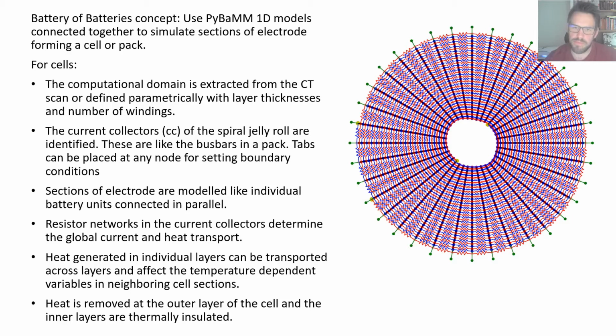So in the paper that goes into more detail, we looked at the effect of having one tab on each electrode or 5 tabs, and then in a study I'll come on to a little bit later on, we actually looked at the new Tesla kind of infinity tabs, where you more or less have a tab at every single position around the jelly roll.